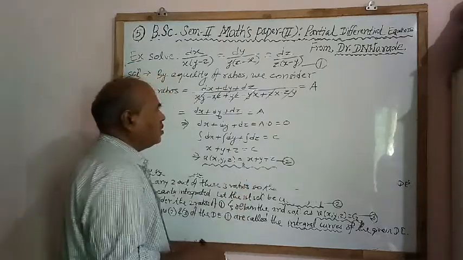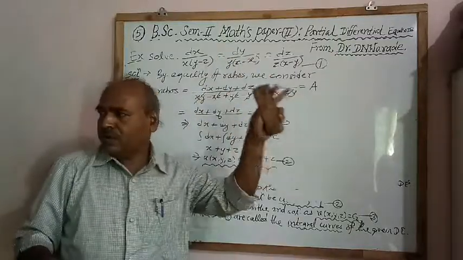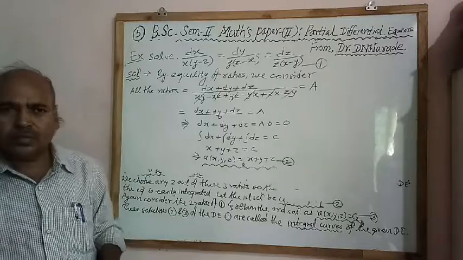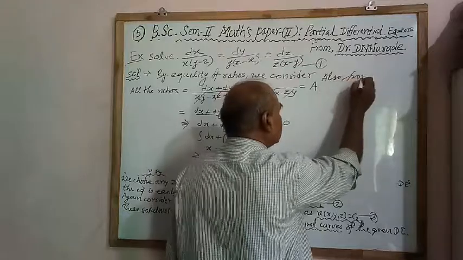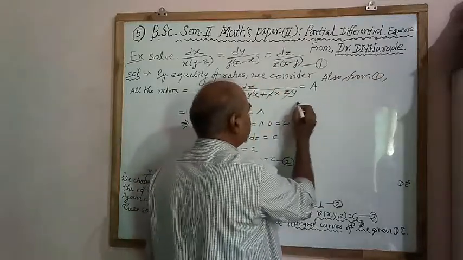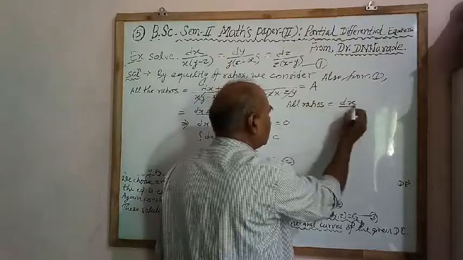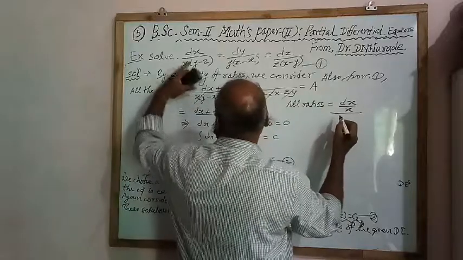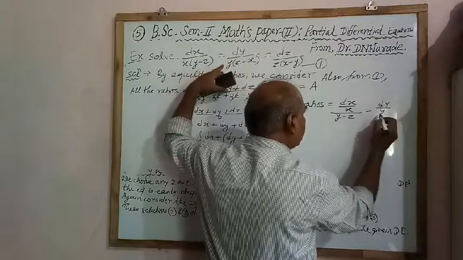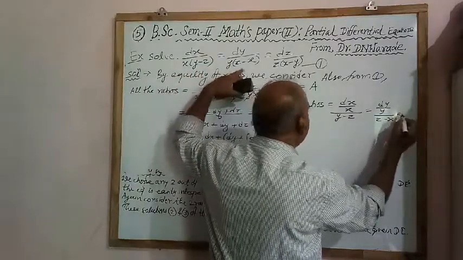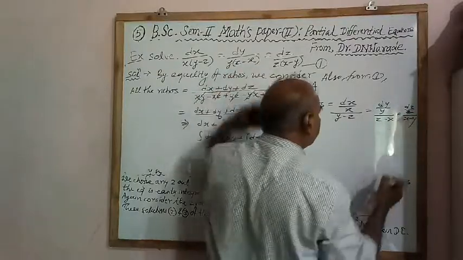Now to get the second solution, we consider the ratios from equation 1: dx by x plus dy by y plus dz by z. From 1, all the ratios equal dx by x divided by y minus z from the first ratio, dy by y divided by z minus x from the second ratio, and dz by z divided by x minus y from the third ratio.